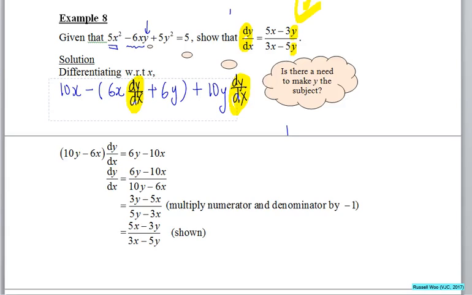Yes, product rule. You may want to write, this is product rule. Okay? All right, let's move on.